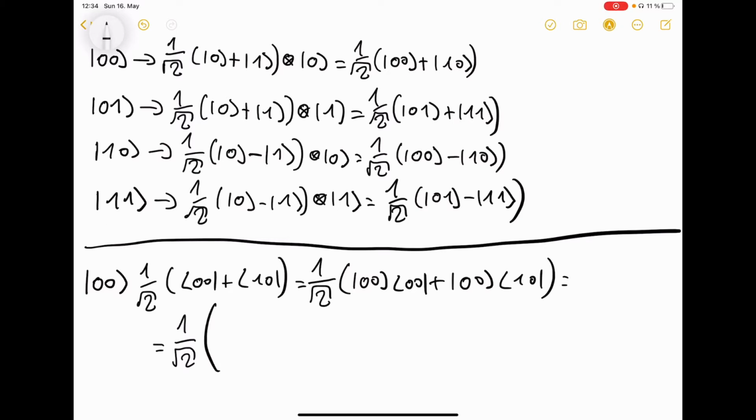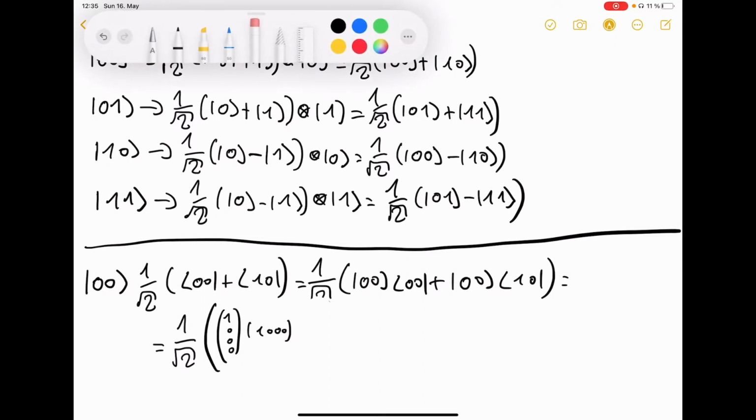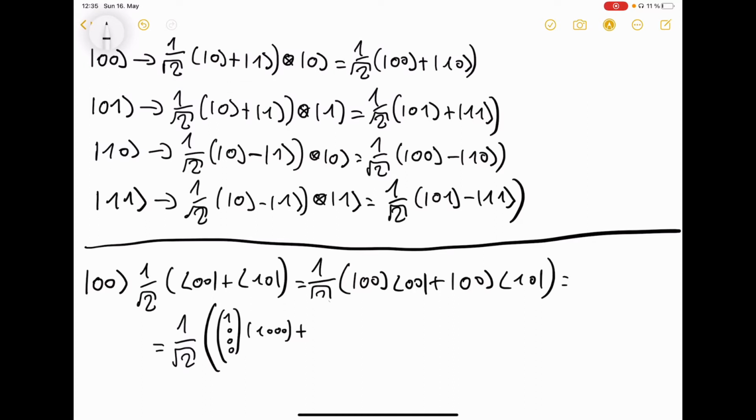We do the first one, |00⟩, which is given by 1, 0, 0, 0, and multiply that with 1, 0, 0, 0, plus the second one, which is given by 1, 0, 0, 0 times 0, 0, 1, 0.